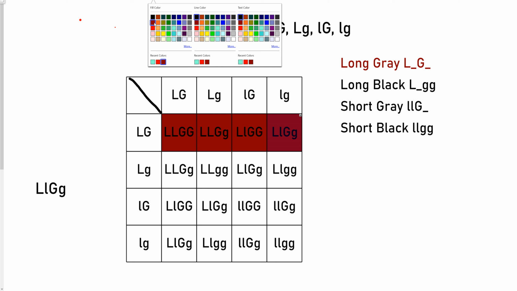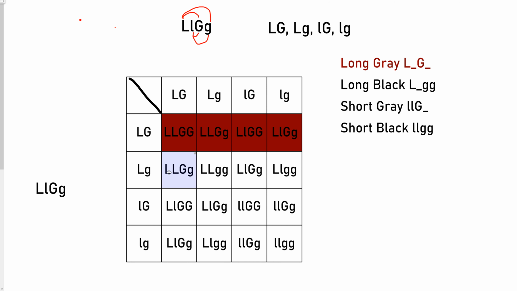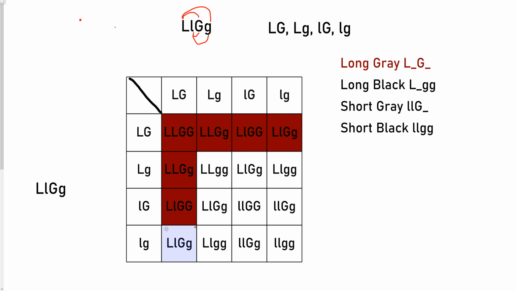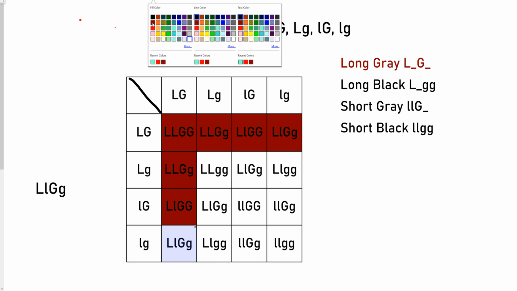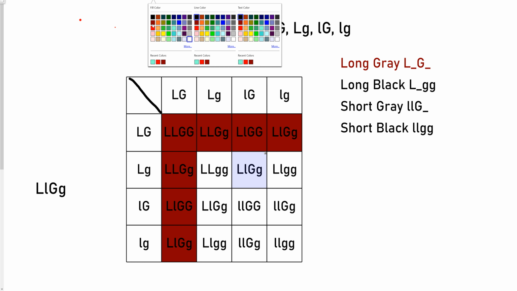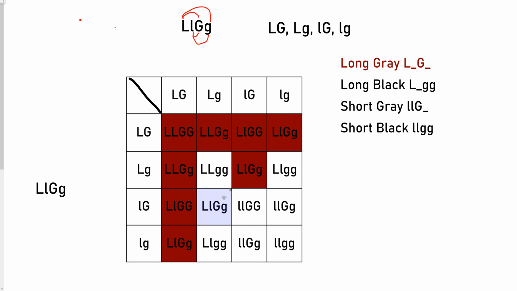Here's one. It's got a big L and a big G. That works. Here's a big L, big G. So this guy has to be maroon, and this one has to be maroon as well. Sweet. I think that's, oh, wait. This guy's big L, big G as well. Boom. And this guy's big L, big G. Boom.